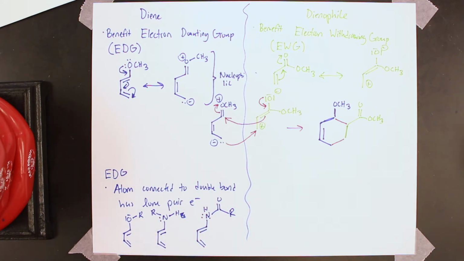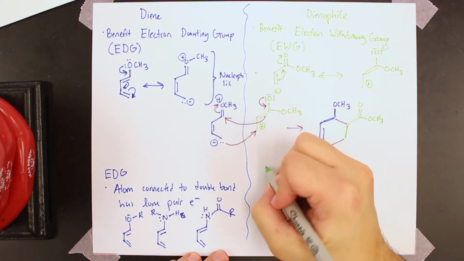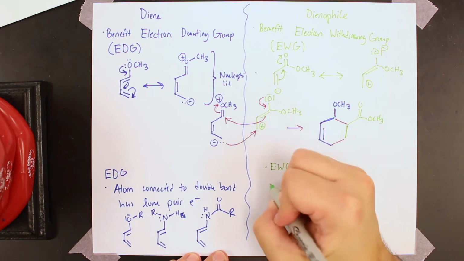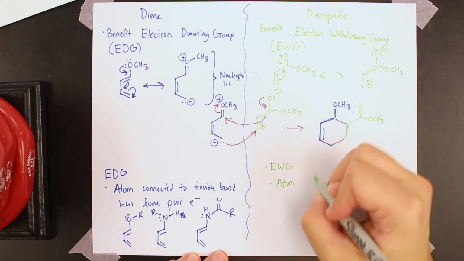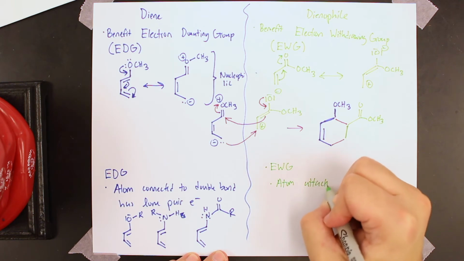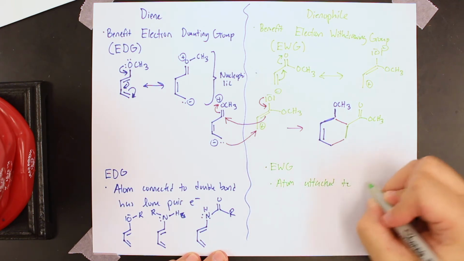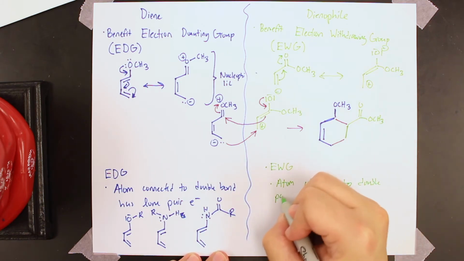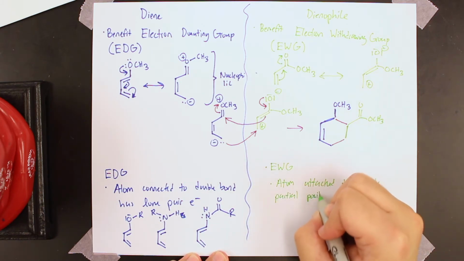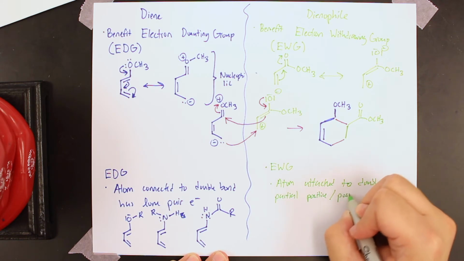Okay, now conversely, for an electron withdrawing group, the atom that's attached to the double bond will not have a lone pair. Rather, it has a partial positive or a positive charge.